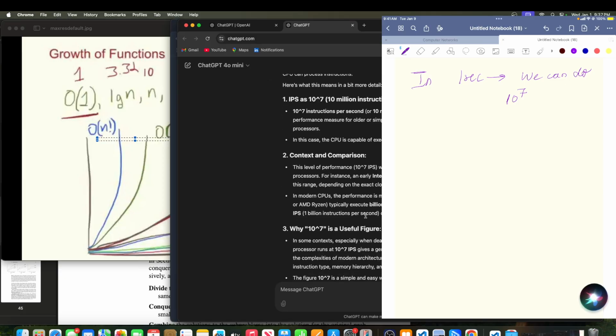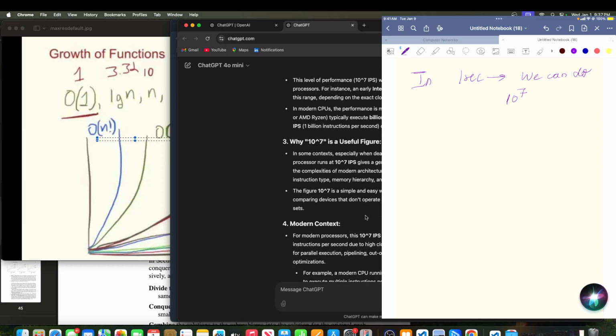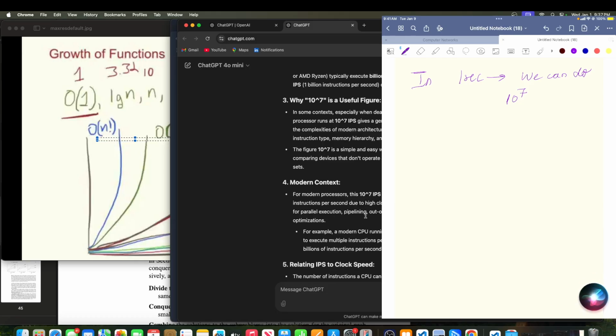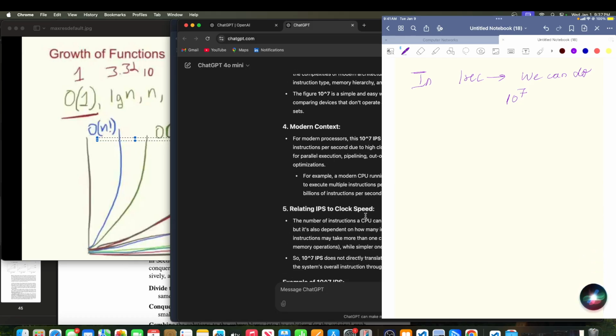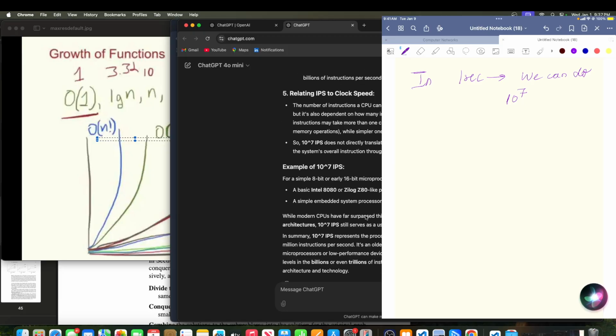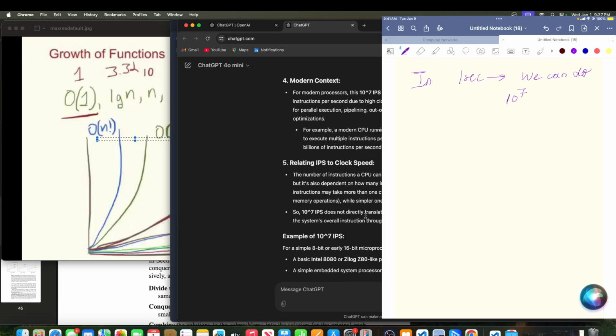It is always 10 power 7 or 10 power 8. Right now it's 10 power 9 instructions per second, but we generally consider 10 power 7, because the base versions had a clock of 10 power 7. Now we have multi gigahertz, so it's not that.